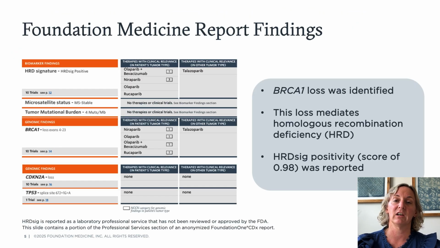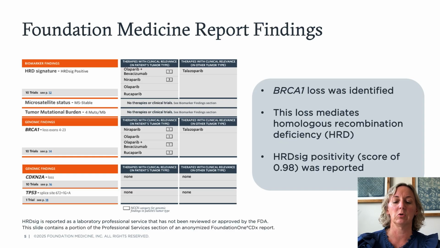Back to our patient. With newly diagnosed ovarian cancer, molecular testing revealed a BRCA1 loss involving exons 4 through 23. This alteration mediates homologous recombination deficiency, which is confirmed by the positive HRD signature result. The microsatellite status was stable, and the tumor mutational burden was low at 4 mutations per megabase, suggesting immunotherapy is less likely to be beneficial here.